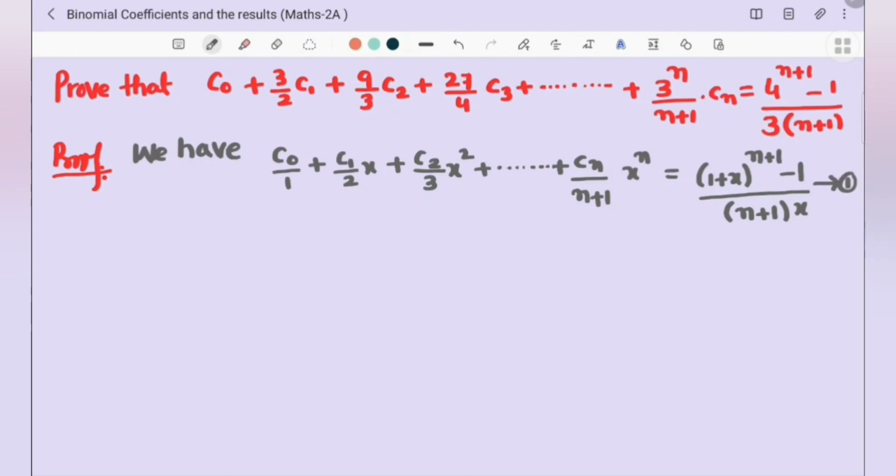Put that equation number 1. Put x is equal to 3 in the above result.